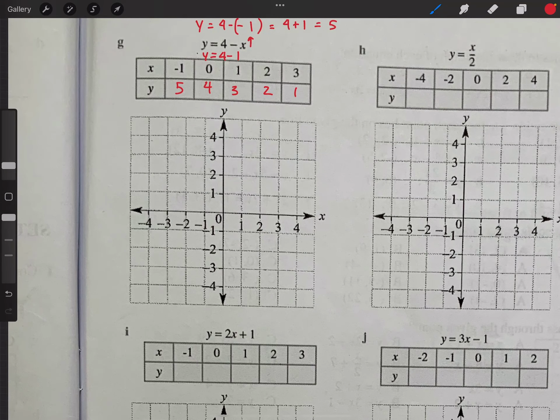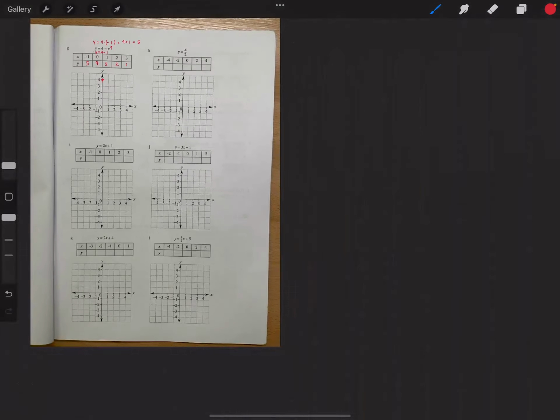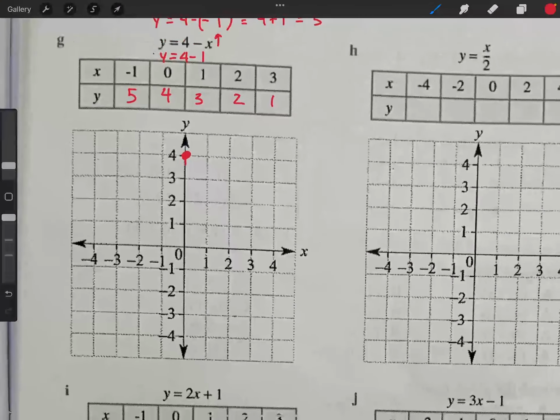Now, when you graph this one, the line's going to be in this direction. So let's have a look. Let's try 0. When x equals 0, y equals 4. So here's your x equals 0, okay? Y equals 4, which is right here. There's your first coordinate. Alright.